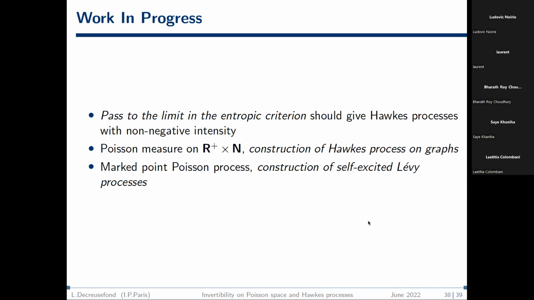And the last point is if you take a marked point process, that is a Poisson process, and then you have marks which are distributed according to a probability measure. If we can do the same procedure, then we will be able to construct self-excited Levy processes.